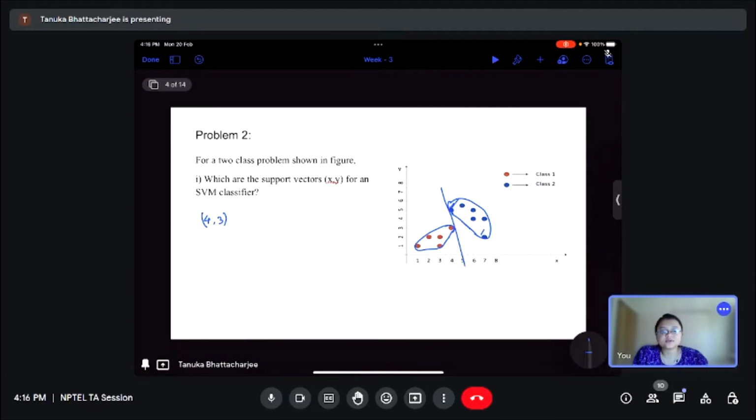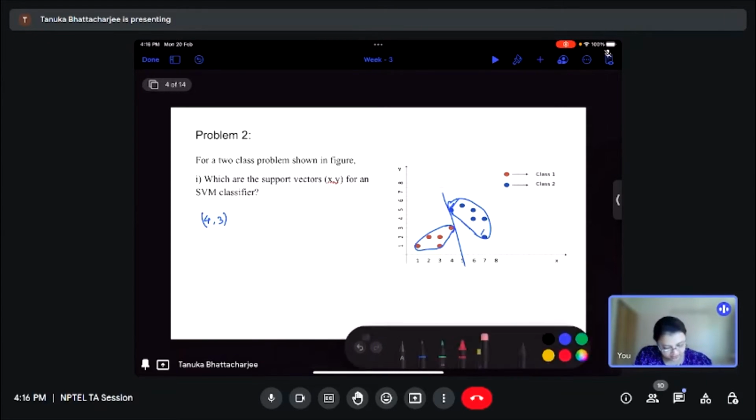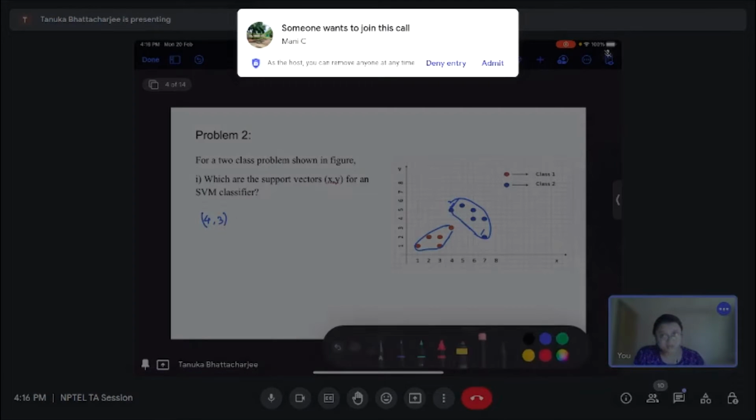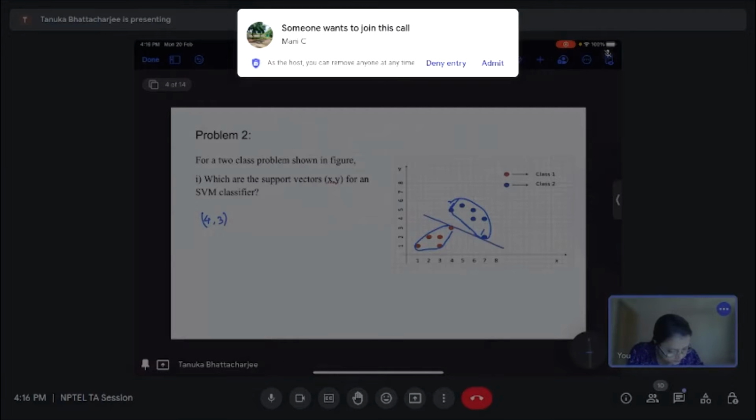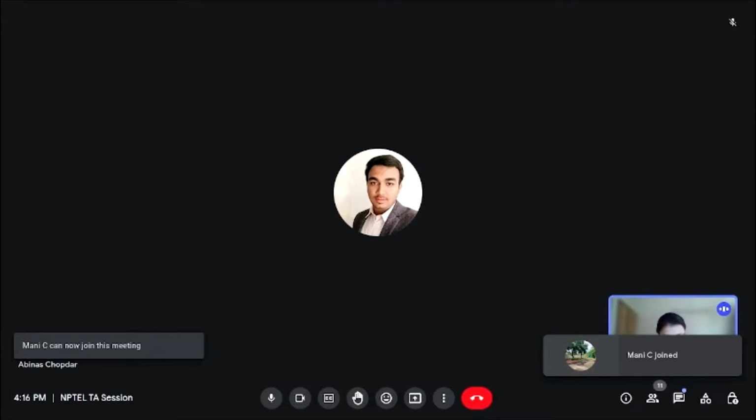But in this case you can see that the margin is very small in this particular setting. Again, if you have the decision surface like this, then only this point becomes closest to the decision surface, but again the margin is very small.